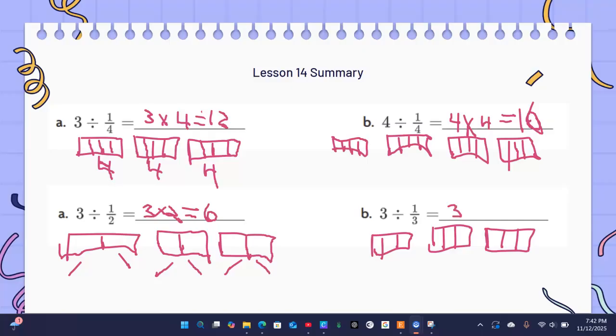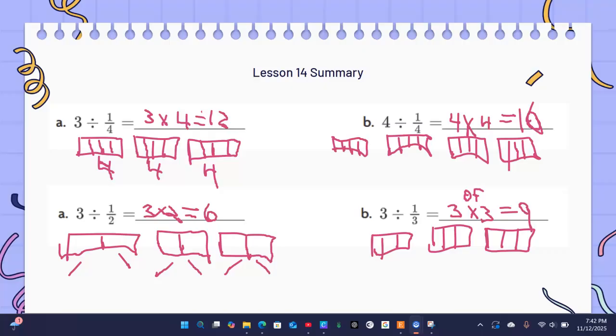Well, you'll have 3 groups of 3, and that equals 9. Always remember that the word of, whenever we're saying of in a fraction, is going to tell you that you're going to multiply. Okay.